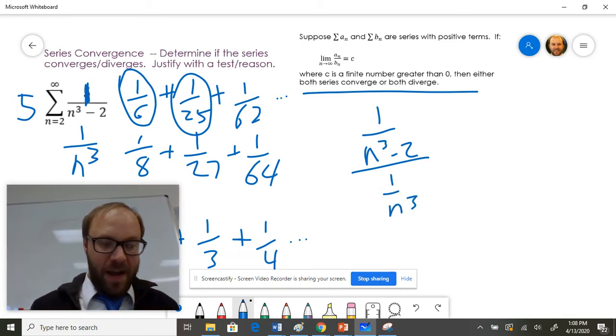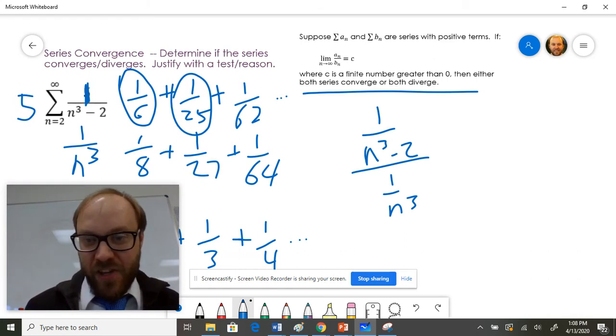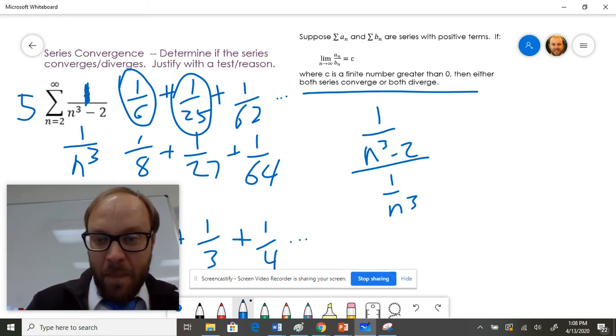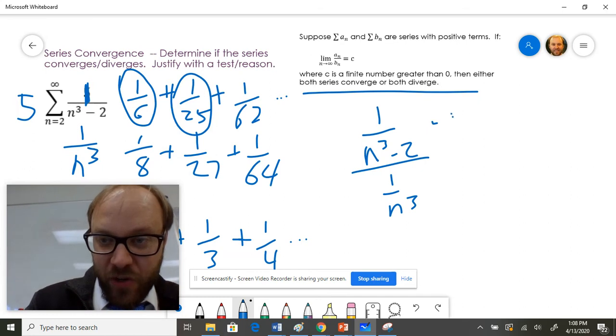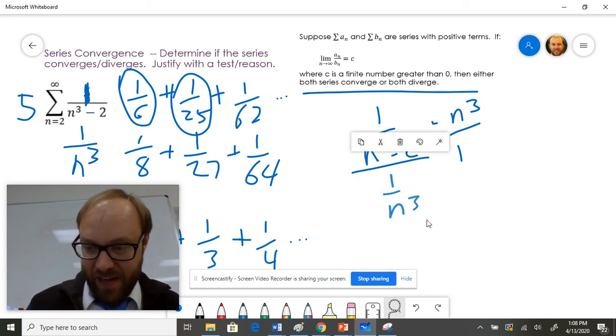Now remember, when you divide by a fraction, that's the same thing as multiplying by the reciprocal, okay? So this is exactly the same thing as multiplying 1 over n cubed minus 2 by n cubed over 1. So I'm going to rewrite that as multiplying by the reciprocal. That'll make things a little bit neater here.